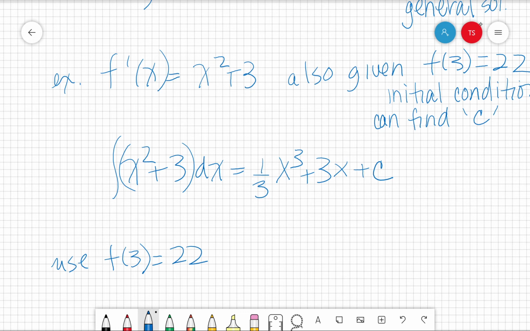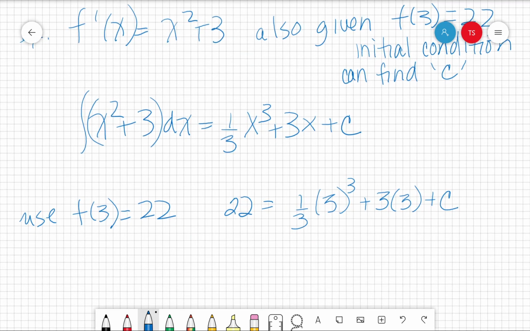So this is what I know then. 22 is equal to 1/3 times 3 cubed plus 3 times 3 plus c. And so this gives me 1/3 of 27 is 9, plus 9, plus c equals 22.